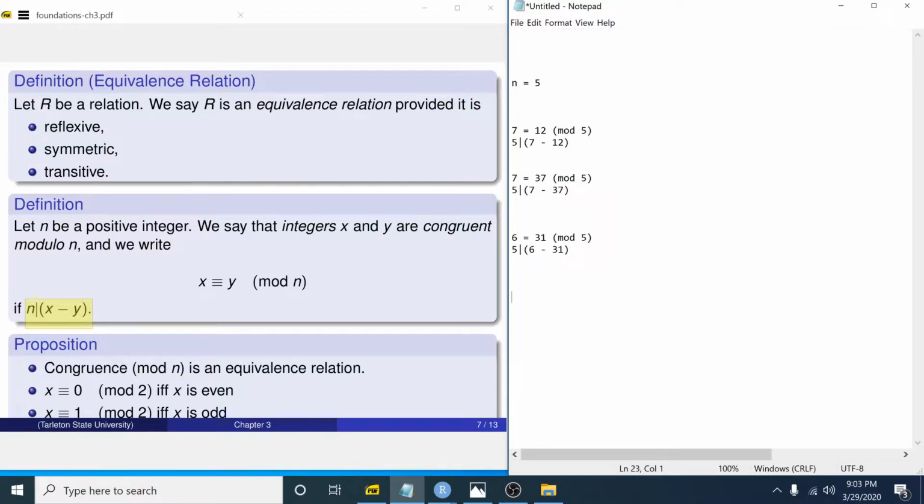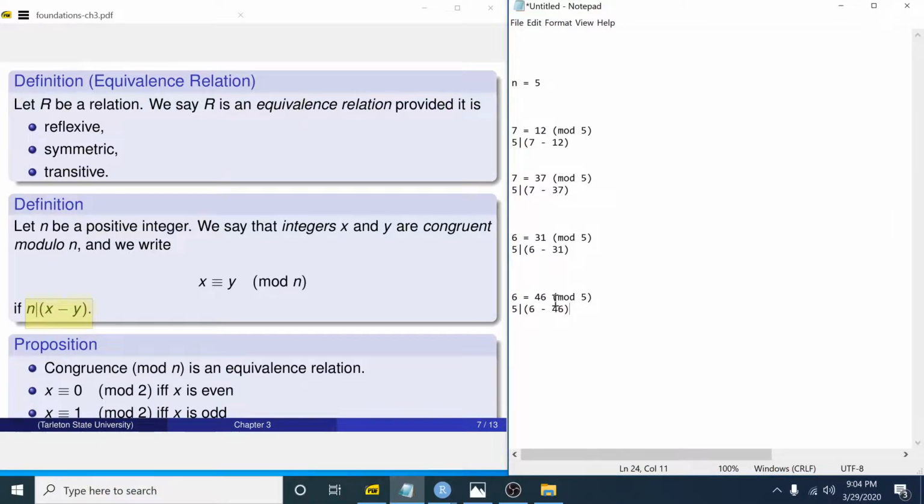And it's also true that 6 is congruent to 46 mod 5, because 5 does divide evenly into 6 minus 46, which is negative 40. So all of these are examples of congruency statements that we can make.